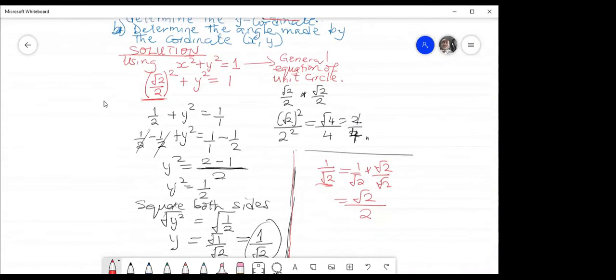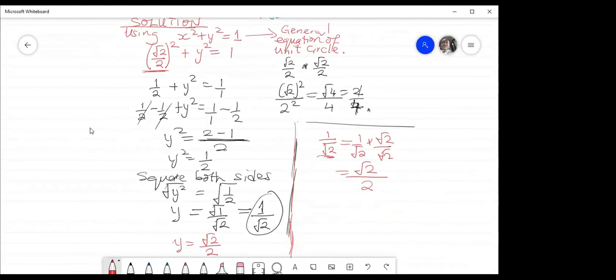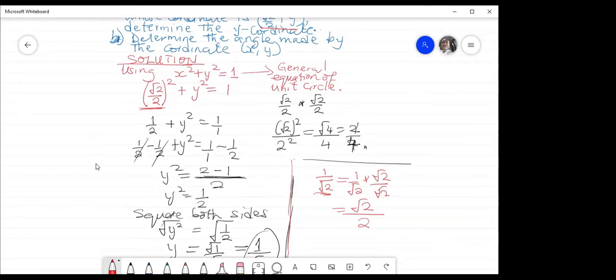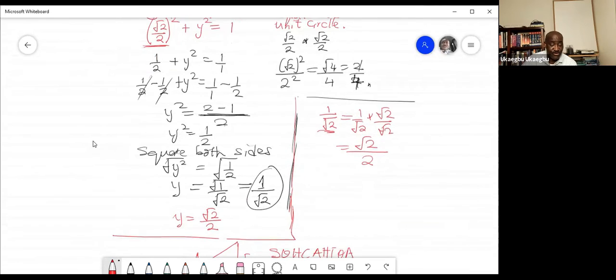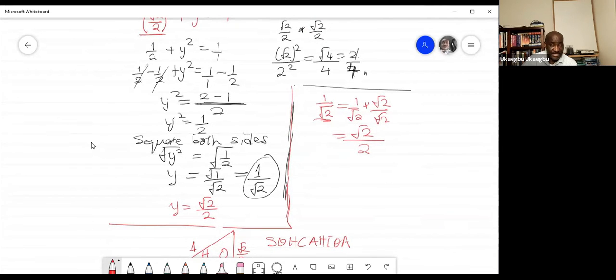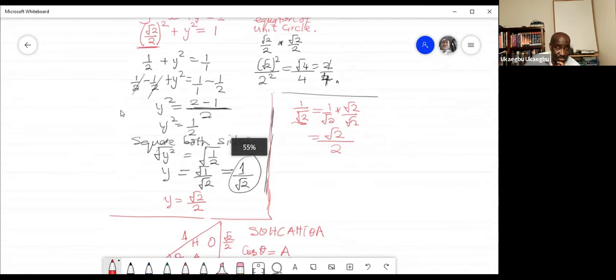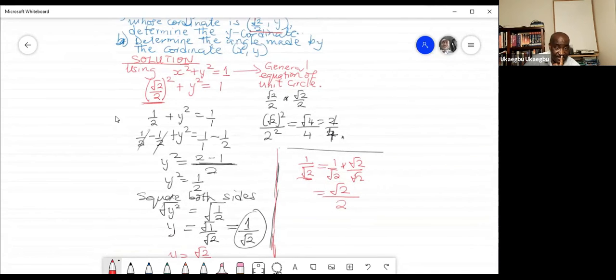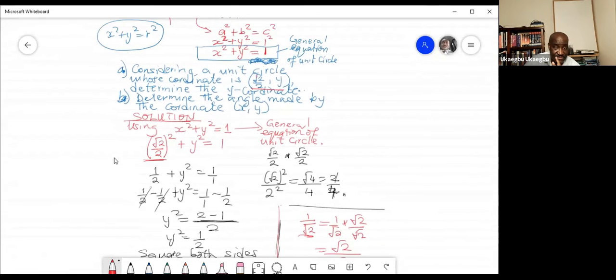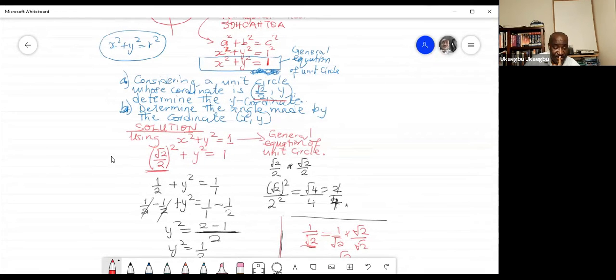Question. So we do all this when we want to find the angle? Yes, if you are finding an angle, if the coordinates are given, that's what you do. On the other hand, the question could be to find one of the coordinates. I might give you y, and then you'll be asked to find the x.